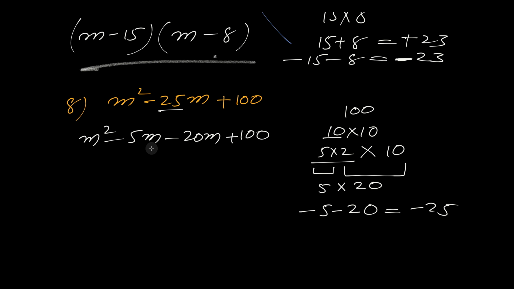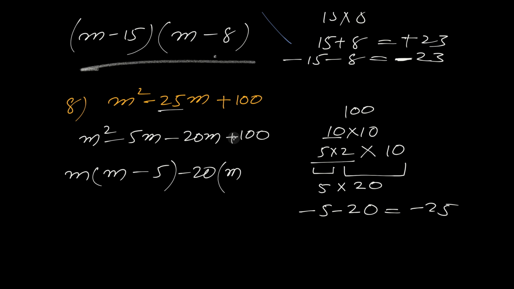What is common between these two variables? It is just m. So 1m is gone, 1m is remaining, then this m by m is 1, so I'm going to write 5. Here minus symbol is there, so I'm going to take minus 20 as common. So minus minus is plus, then I'm writing m.